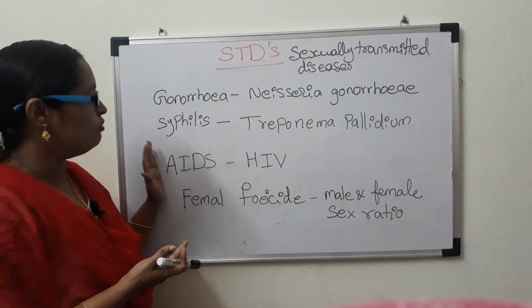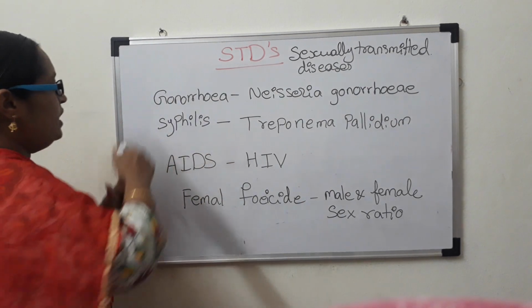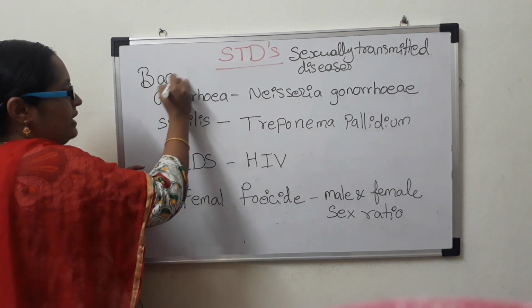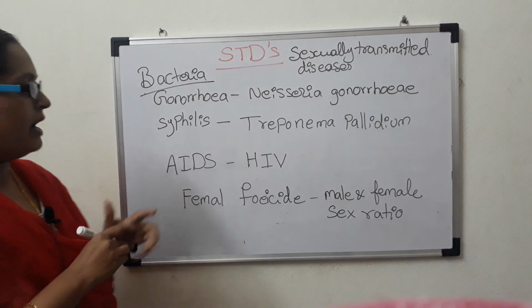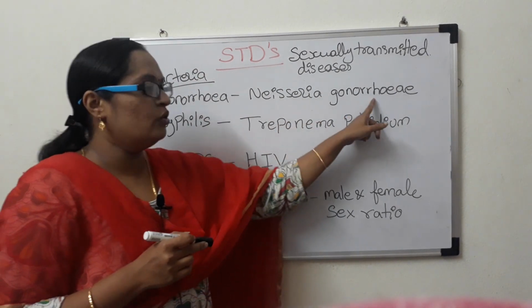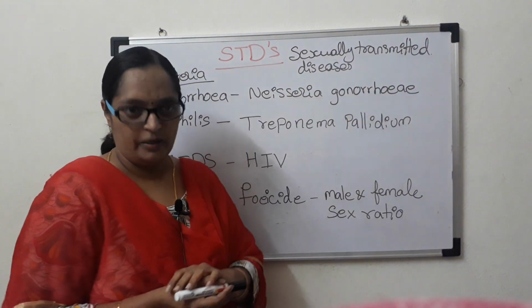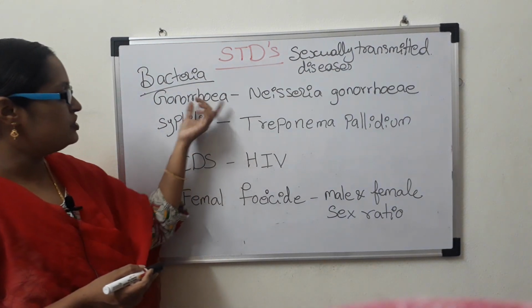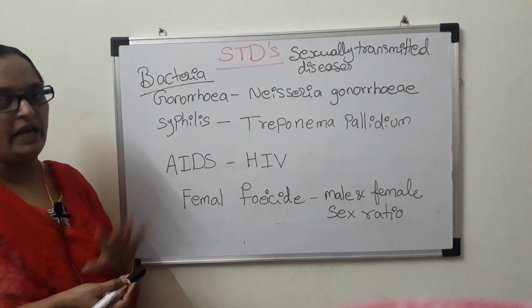You have to know only a few. First one, gonorrhea. Gonorrhea is a bacterial infection caused by the bacteria Neisseria gonorrhoeae. This organism is transferred from one person to another through sexual contact.